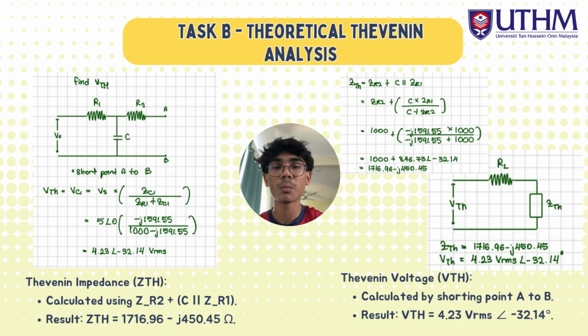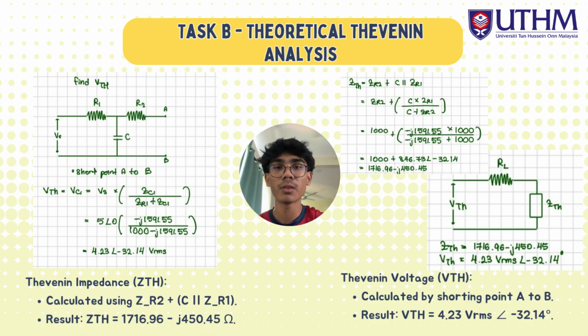Next, the Thevenin impedance, which is ZTH, was calculated by combining the resistive and reactive components of the network. The resulting value is 1716.96 minus j450.45 ohms.